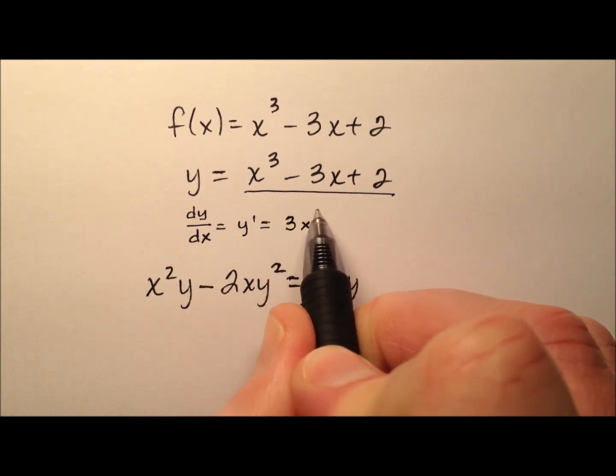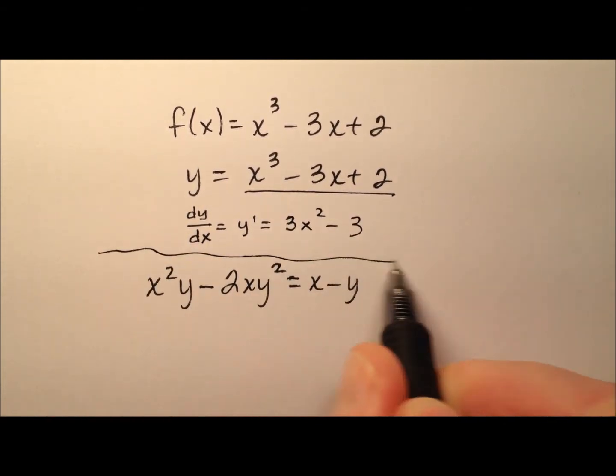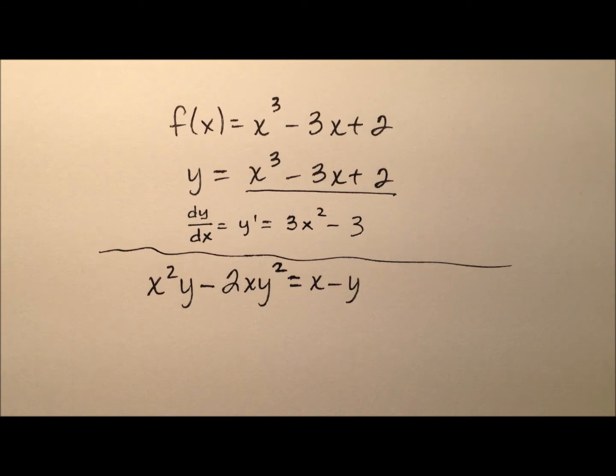So 3x squared minus 3. Okay, so this will be the same in implicit differentiation. Each time we differentiate a y term, we will treat the y variable exactly like we do the x variables in finding the derivative. However, we'll need to include a dy/dx or a y prime with the term.